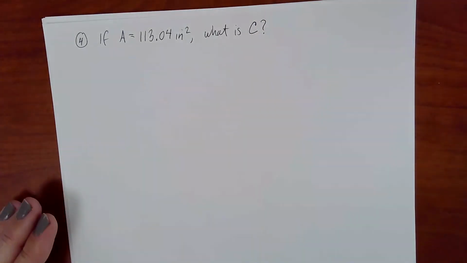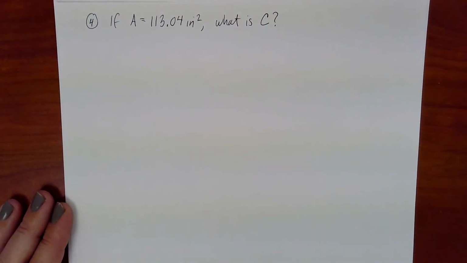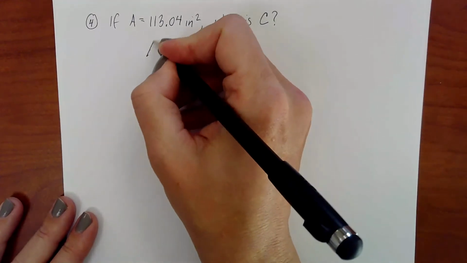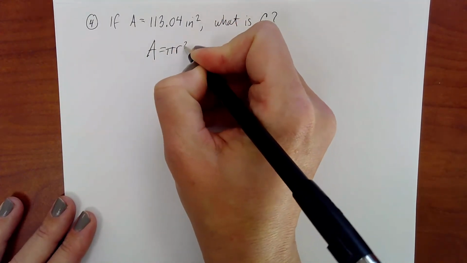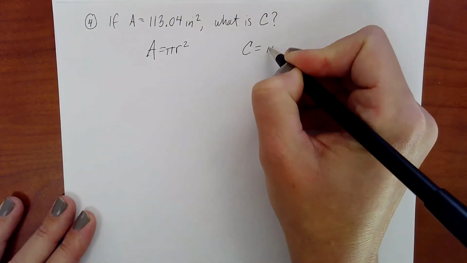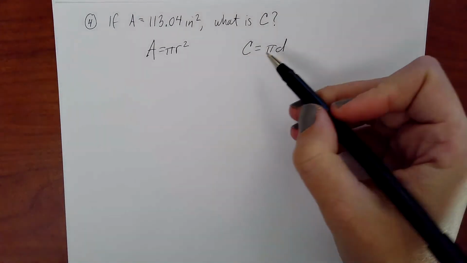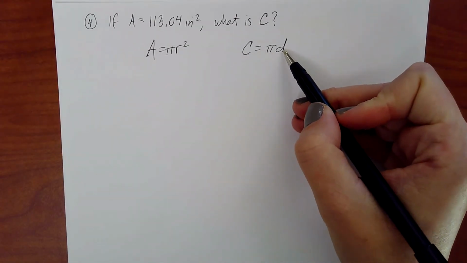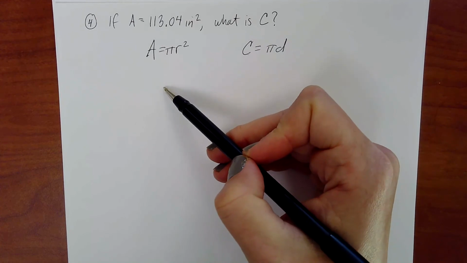Ooh, I was kind of mean. Well, you need this formula to start, and then you need to find the circumference. So I guess, what do you need to find the circumference? You need the diameter. Once you solve this, will you know the diameter?